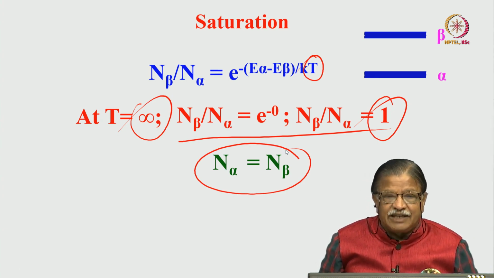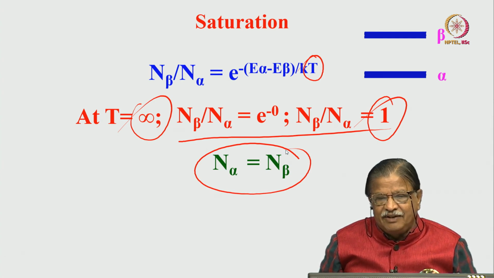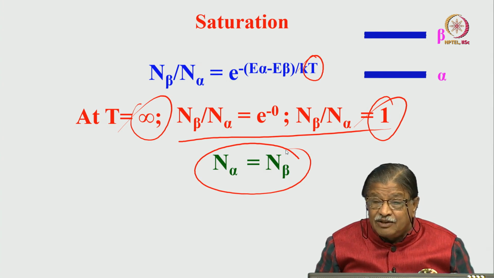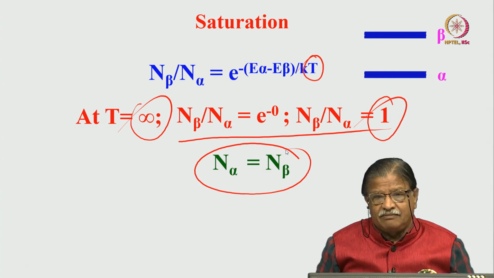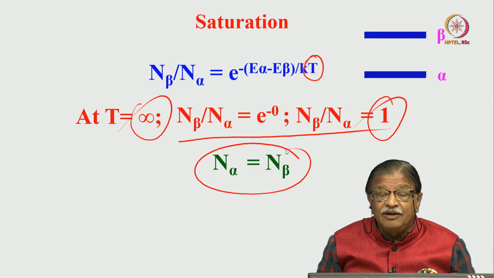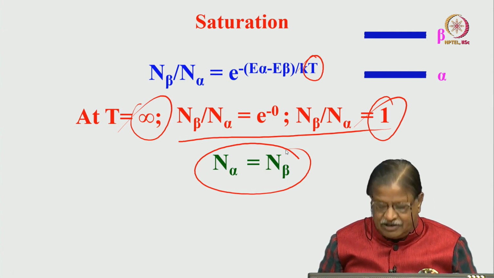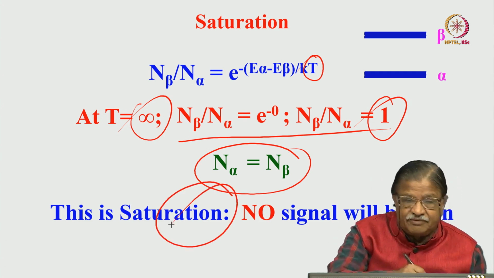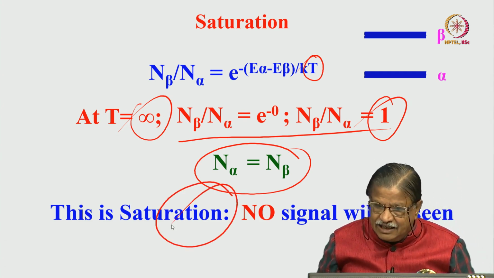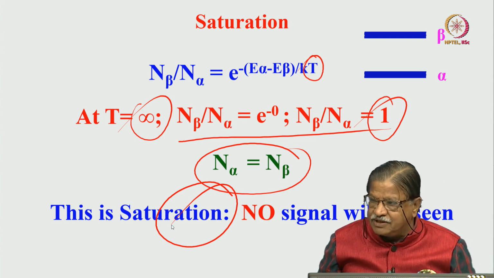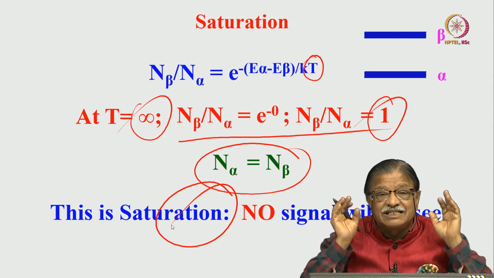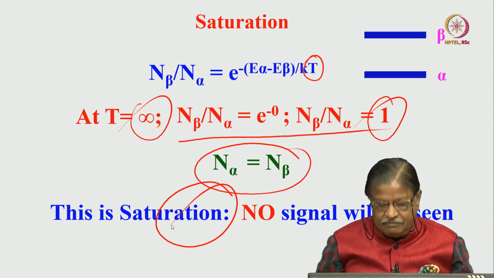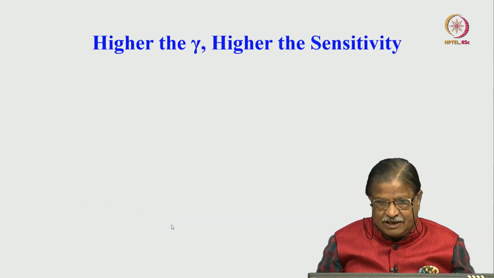When n alpha is equal to n beta, there is no population difference at all, absolutely no difference. As a consequence, you will not see a signal, and this is called saturation. Saturation is a condition where the populations in both energy states are exactly equal. So no signal will be seen. You should understand that.